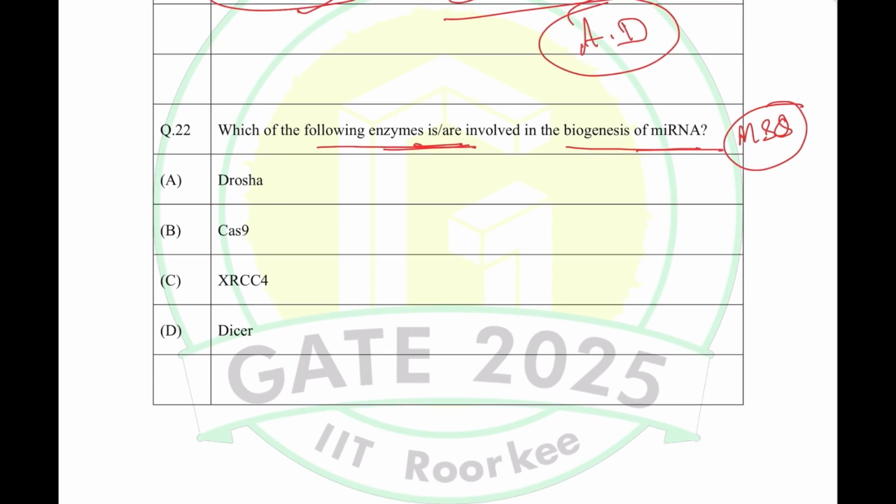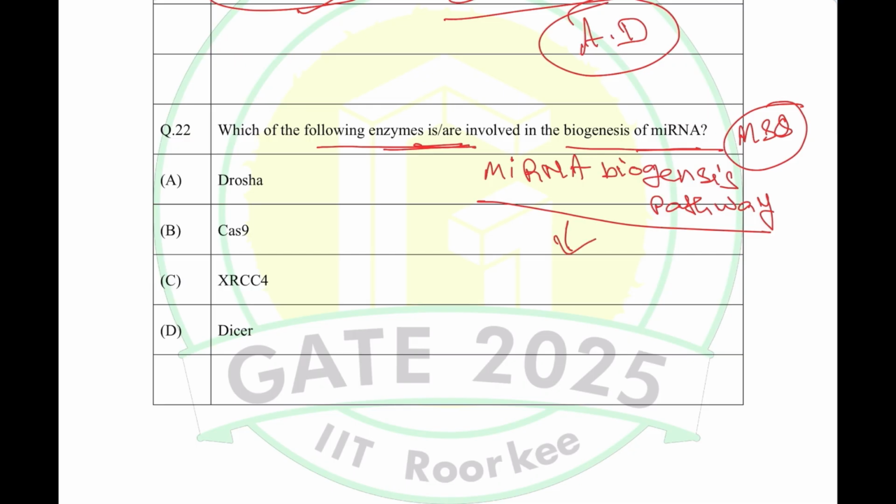So if we talk about the function specifically, the mRNA biogenesis pathway. Okay, so first the transcription happens and it is transcribed as a pre-mRNA, which is the primary mRNA, in the nucleus.